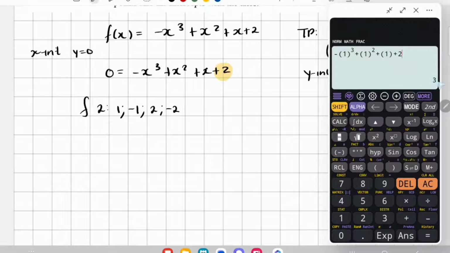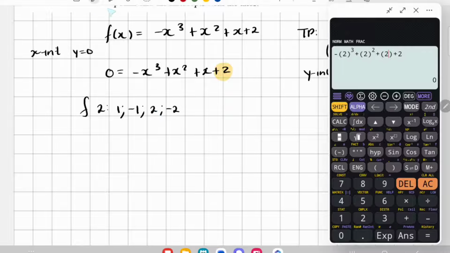It didn't give me 0. Also notice I put brackets just so that it's easier to substitute, in case I'm substituting a negative number. I'm going to try negative 1 next. If I make that negative, let's see what we get. That gives us 3. That is not 0. Let me try 2 next. When I try 2, it works out. It gives us 0. So it means that 2 is a root.